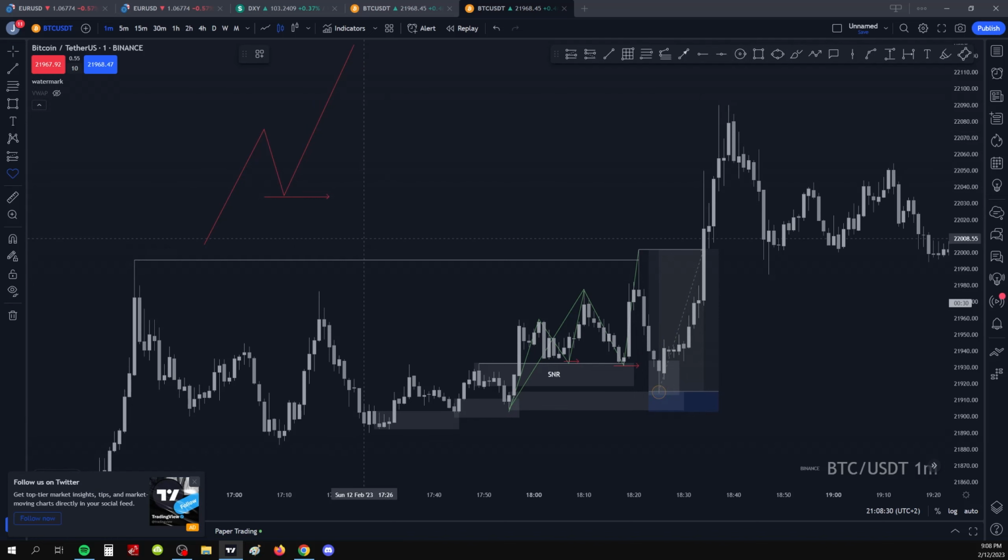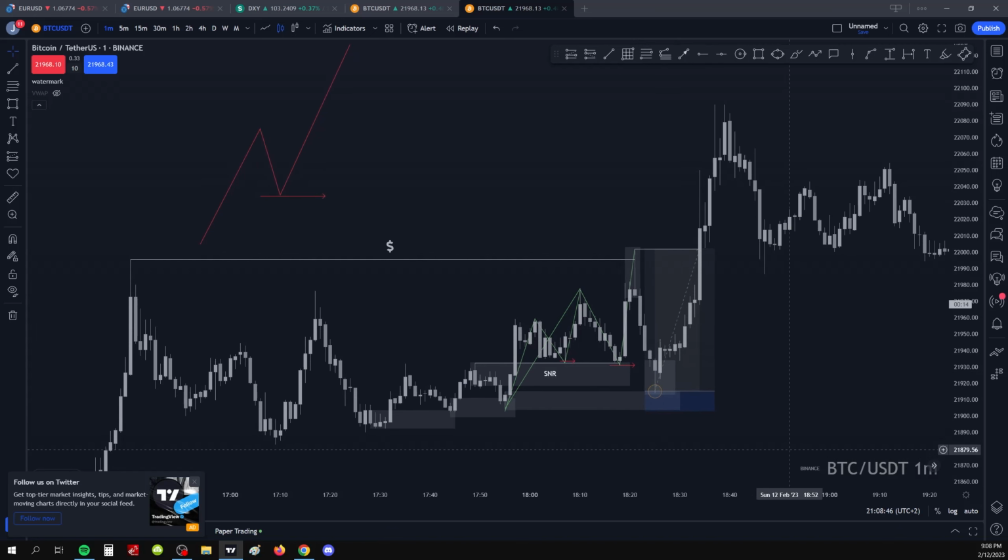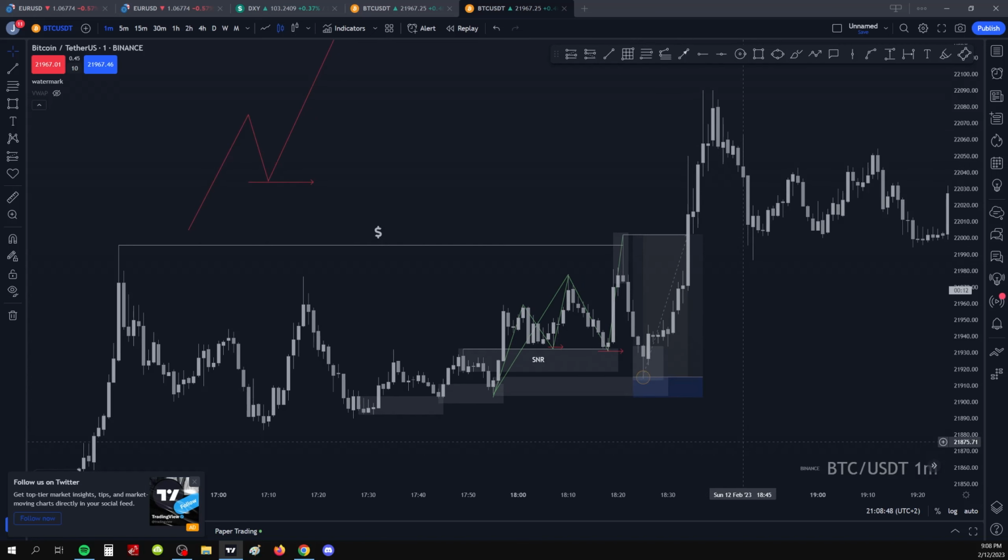So this is also liquidity above this high. There are stop losses. We take it with this candle and we move down. Can you see that? Take out liquidity, move higher.